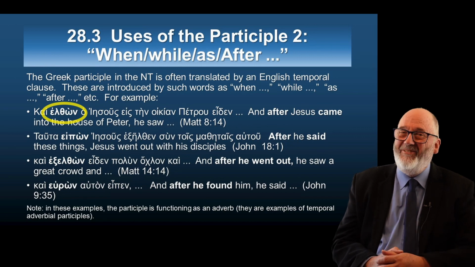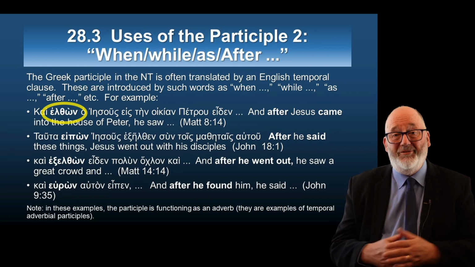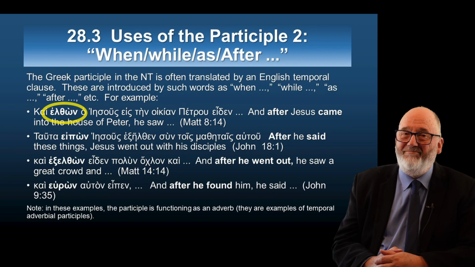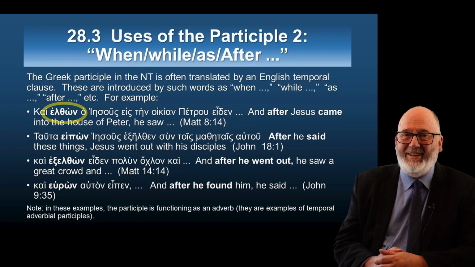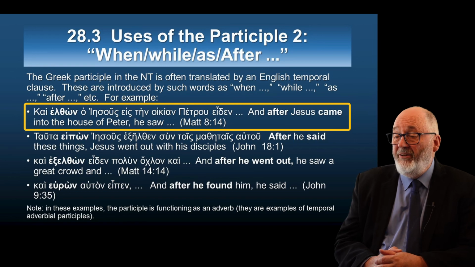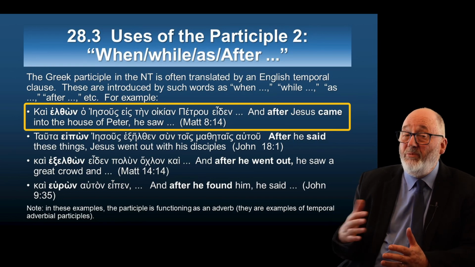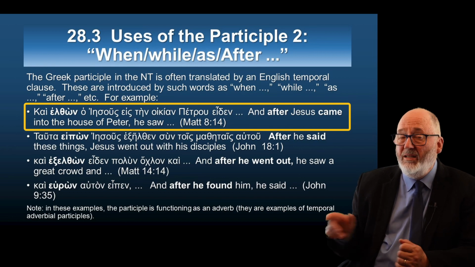Hey, we really need to know our verbs quite well to be at all comfortable with recognizing participles and what verb they're from and what their tense is. I'll talk a bit about that in a second. So, when Jesus entered the house, he saw, right?